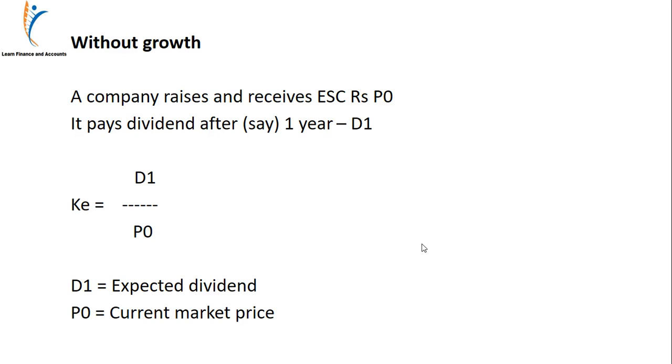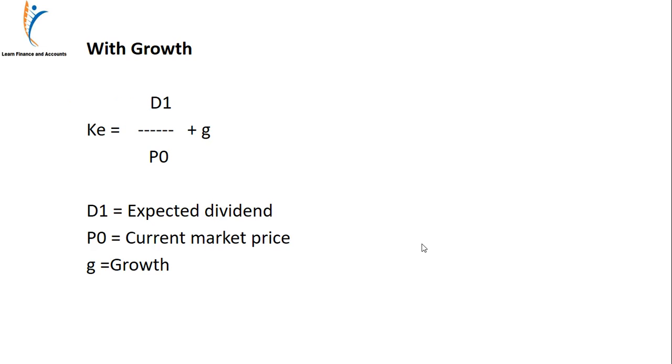So today the rate of the share is P0, and the dividend that it pays after 1 year is D1. So KE becomes D1 divided by P0, where D1 is the expected dividend and P0 is the current market price of the share. And when growth is added, the formula becomes KE is equal to D1 divided by P0 plus G, where D1 is expected dividend, P0 is current market price, and G is growth.